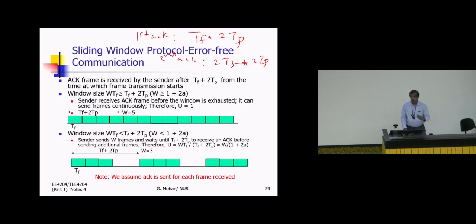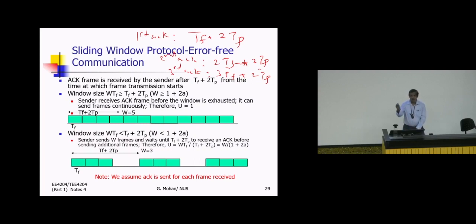So the acknowledgement for the second frame would be back at 2TF plus 2TP. Similarly, the third acknowledgement will come at 3TF plus 2TP. So for every TF, an acknowledgement is coming back, but the first acknowledgement comes back at TF plus 2TP.